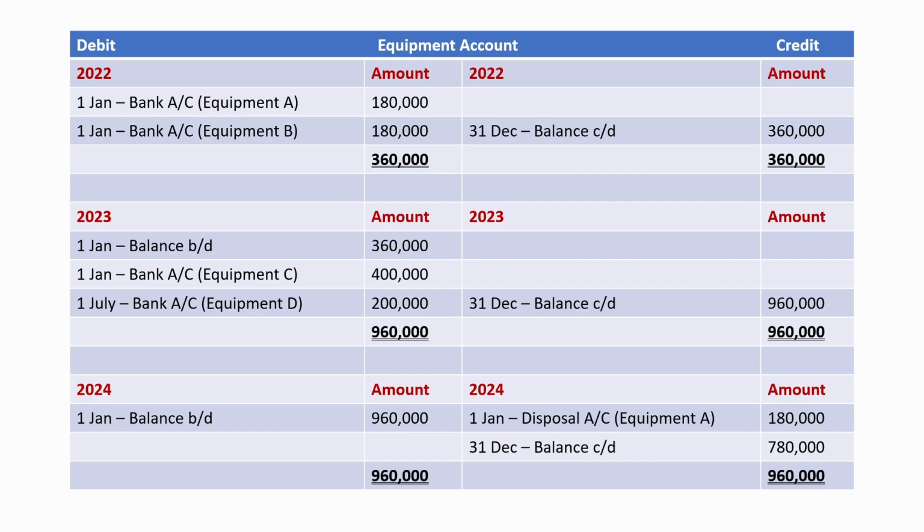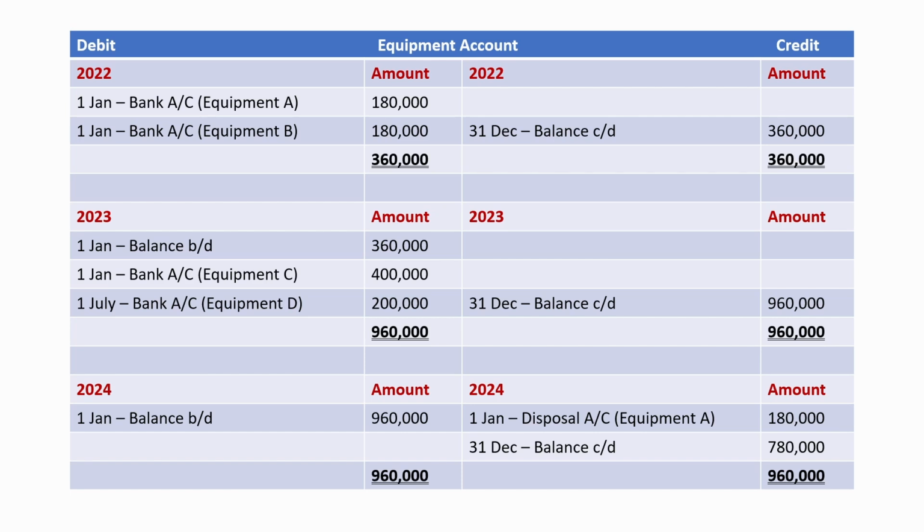And then we are supposed to show three things: the date, the details, and the amount on each side. We said increase in asset, we debit the asset account. Decrease in asset, we credit the asset account.